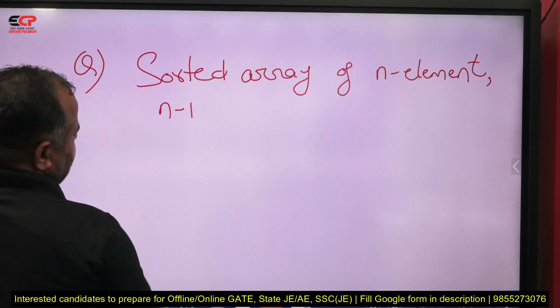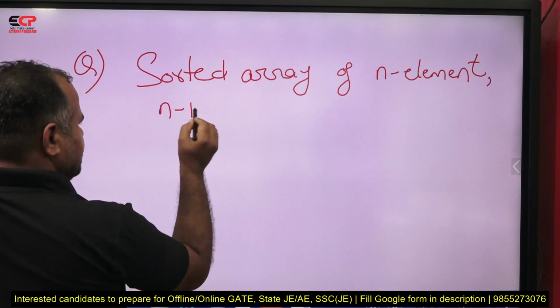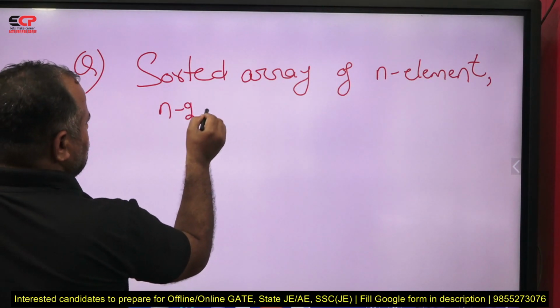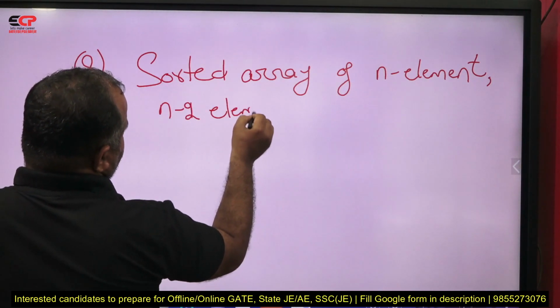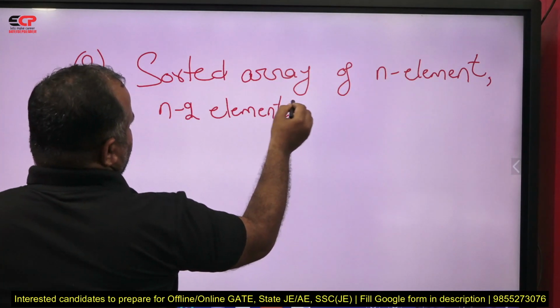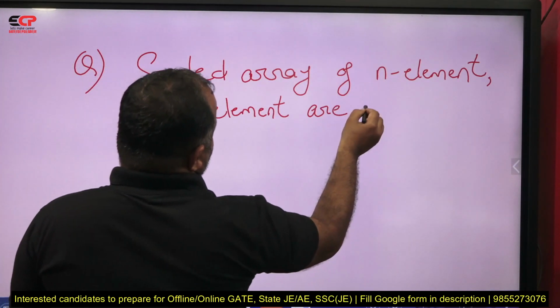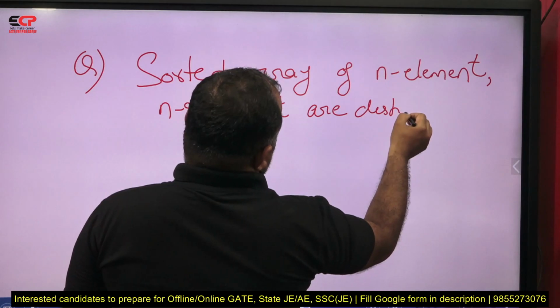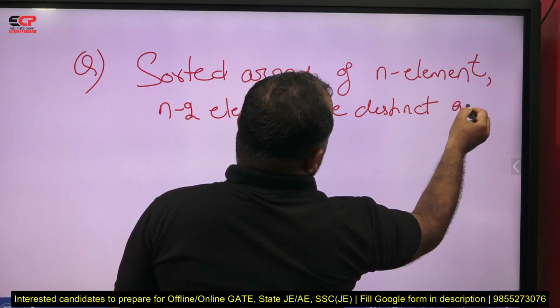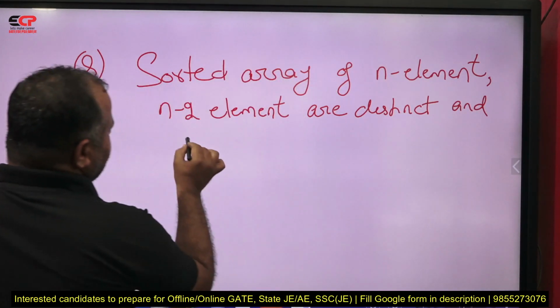n minus 1, or I can say n minus 2 elements are distinct and one element came 2 times.